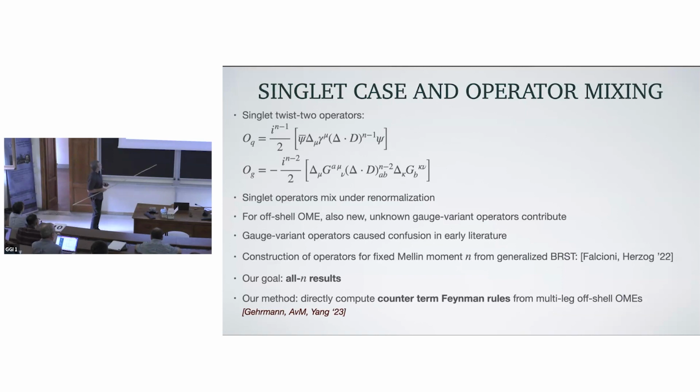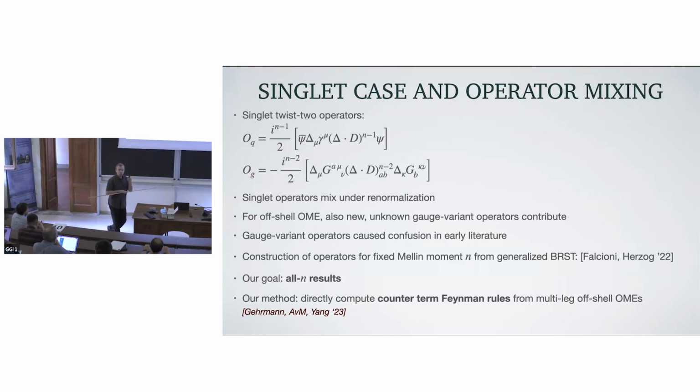And so two solutions to this problem have been proposed. One was presented by Giulio by using generalized BRST to explicitly construct these for a fixed moment n. And we developed in parallel a different approach, which doesn't aim at constructing the explicit operators.